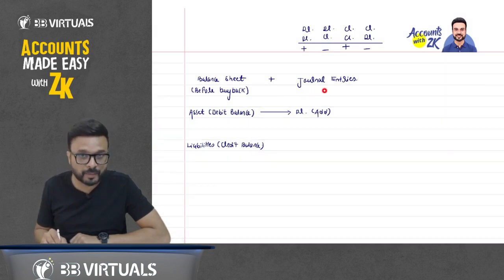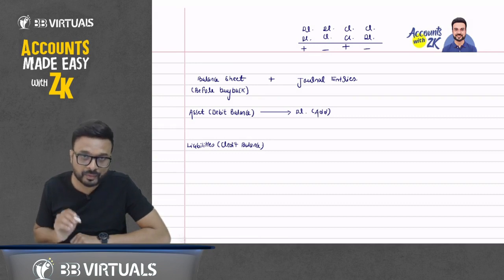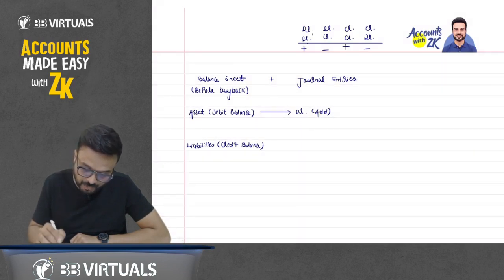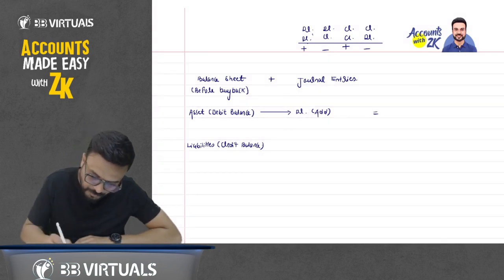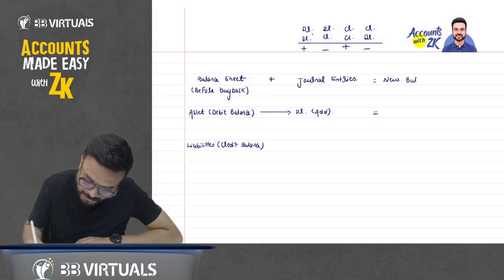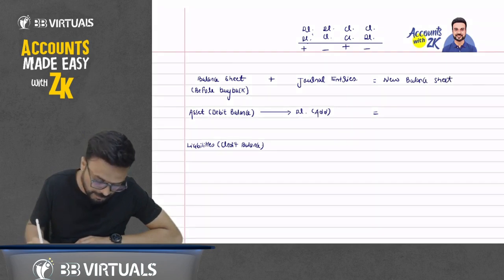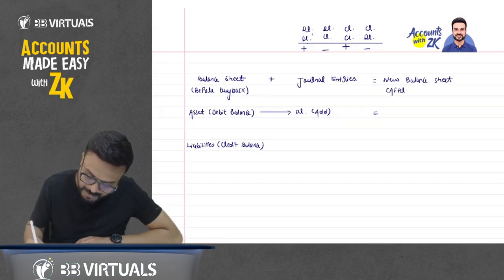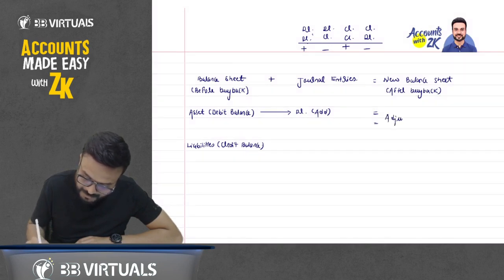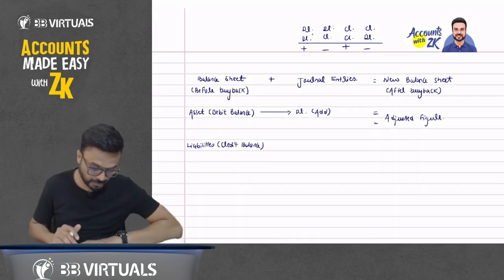And in the journal entry that we have passed for the adjustment given in the question, if we have debited that account, then debit, debit, add. Whatever figure comes, we write it down in the new balance sheet, that is, after buyback. We call it the adjusted figure, and we will write this adjusted figure in the new balance sheet.